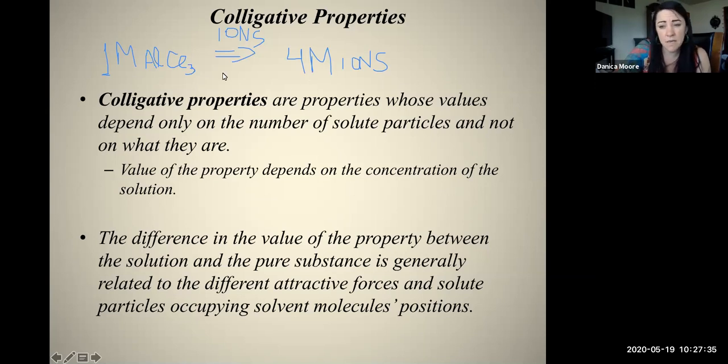Does that make sense though? Cool. Everybody okay with that? So colligative properties aren't just determined by what your solution contains, but how many particles it contains. Especially for ionic solids, this is going to make a big difference, right?